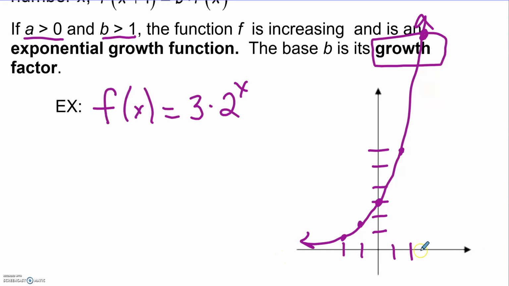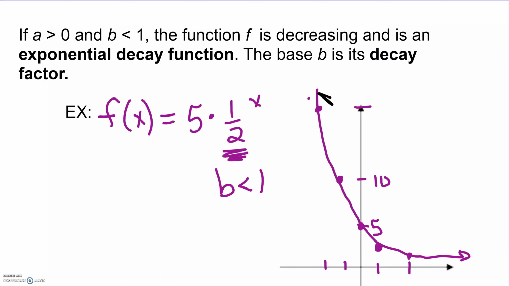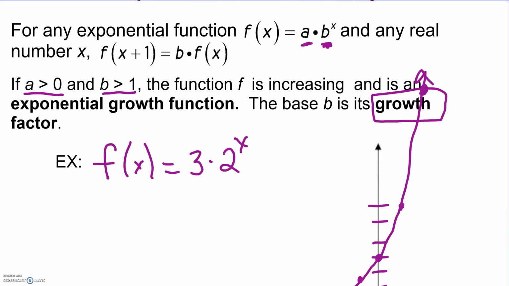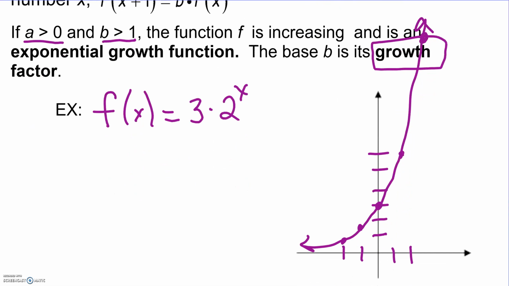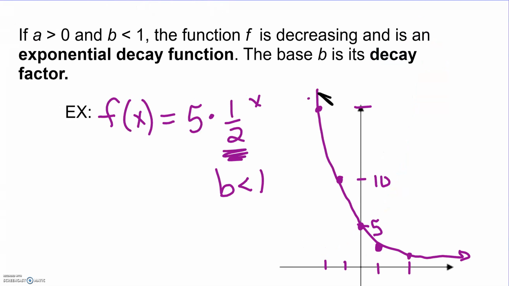They both have domain, all real numbers. They both have range, 0 to infinity. They're both bounded below. The only difference is this exponential growth is an increasing curve, whereas exponential decay is decreasing.